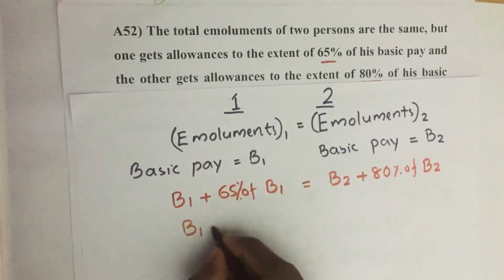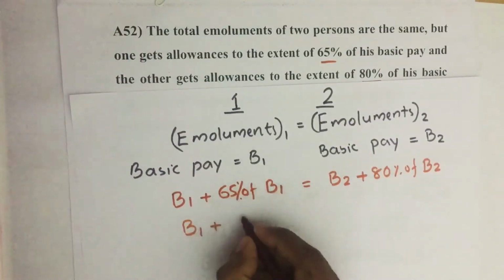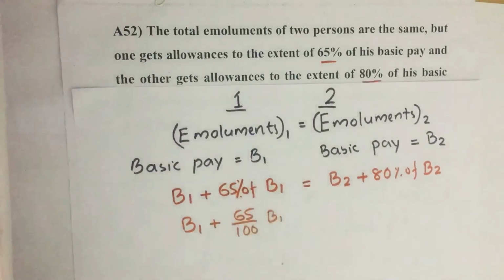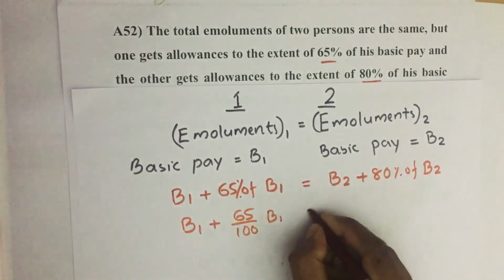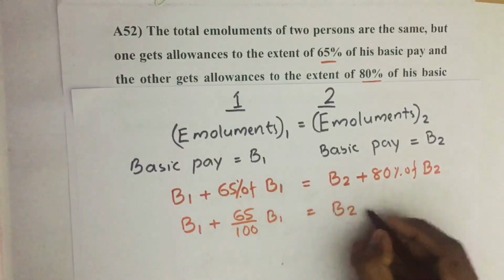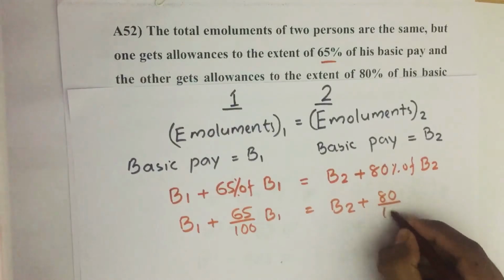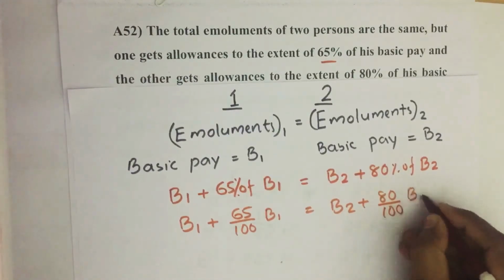Now, basic pay of 1 plus 65% we can write as 65 by 100 B1. Similarly here B2 plus 80 by 100 B2.